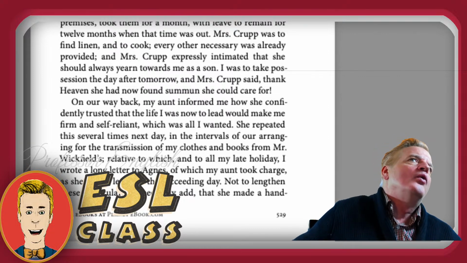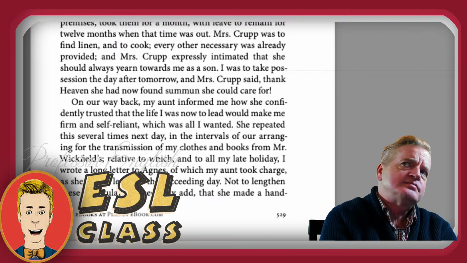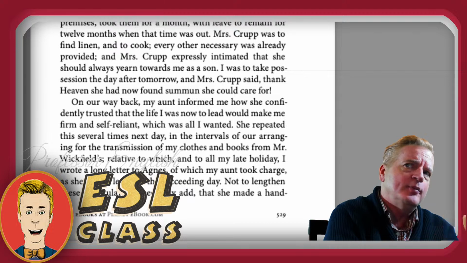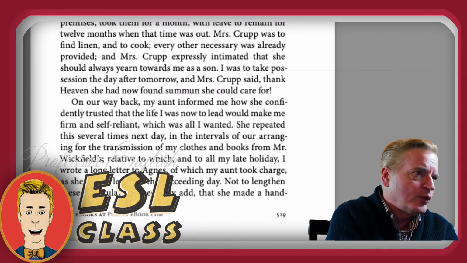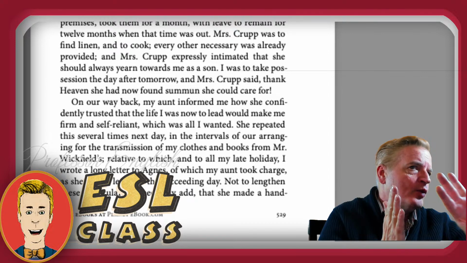Why "other"? Because we're saying Mrs. Krupp is responsible for changing the bed linen and cooking. Davy is renting the apartment, and she has to cook for him and change his bed sheets. But all other things are Davy's responsibility. So that word "other" is a very important word here, because we're contrasting it with the other idea.